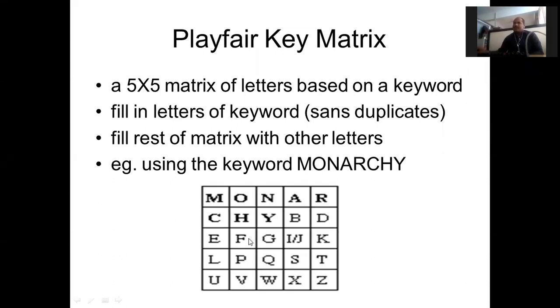In that matrix, you can observe that every character is covered. M, O, N, A, R, C, H, Y, B. Each and every character is covered in this Playfair Key Matrix.